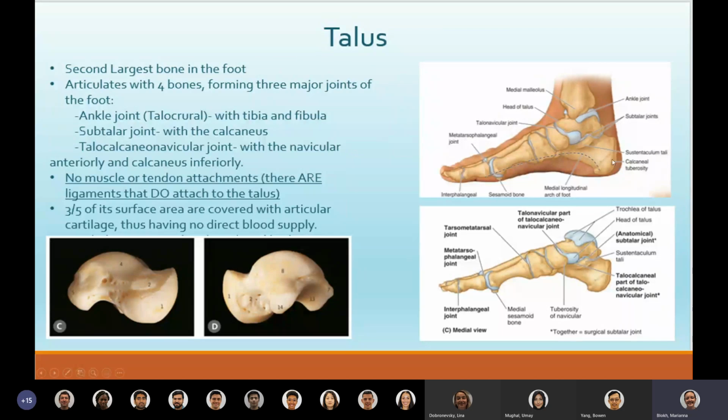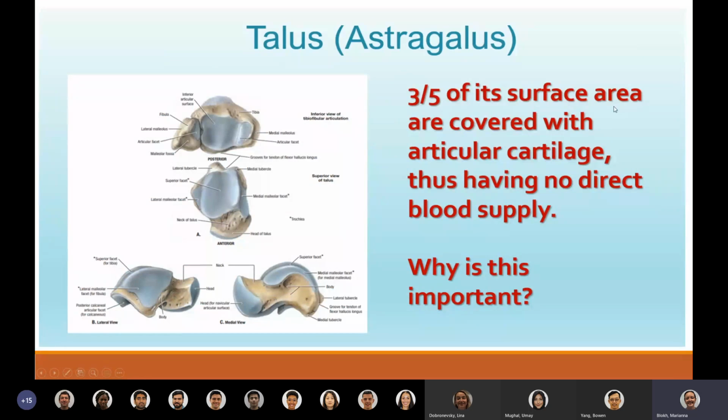You can have a shattered calcaneus, which will heal relatively nicely, obviously if the pieces are put back together, just because of the vasculature. There's a lot of blood supply to the bone, versus the talus, which is snug between so many different joints, has so much articular cartilage, that the blood supply where it can enter into the talus is very limited. So this is more of a danger bone. And once it has a fracture, we have a high risk of avascular necrosis, where it doesn't heal, okay?